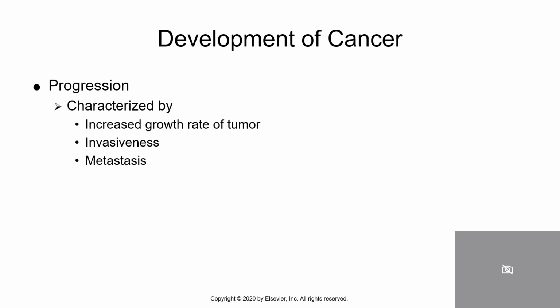And usually you're going to know that the metastasis has occurred because the patient has some new onset of, whether it be bone pain indicating a metastasis to the bone, or a change in their bowel or bladder tone indicating metastasis to their nervous system.